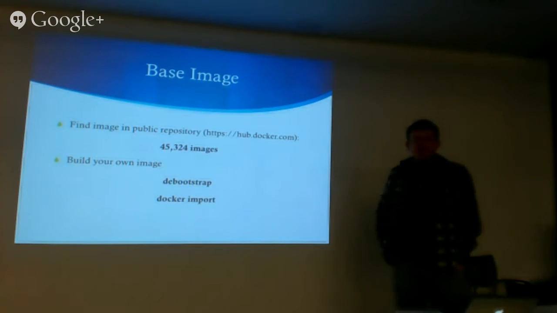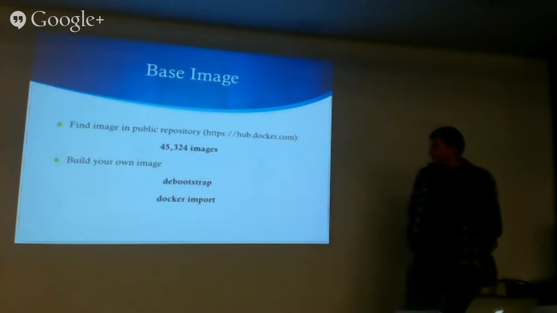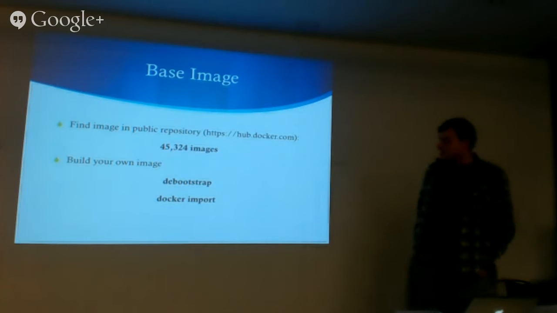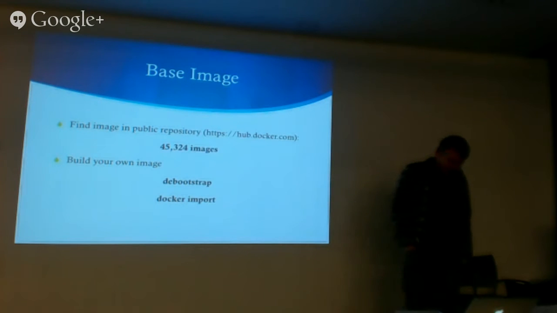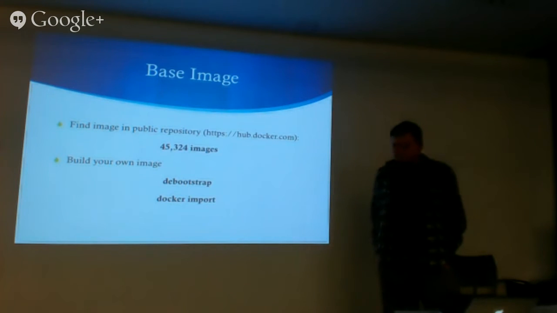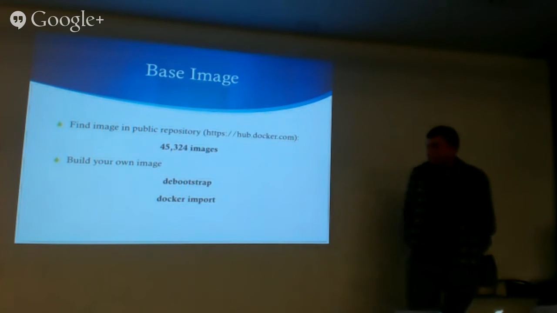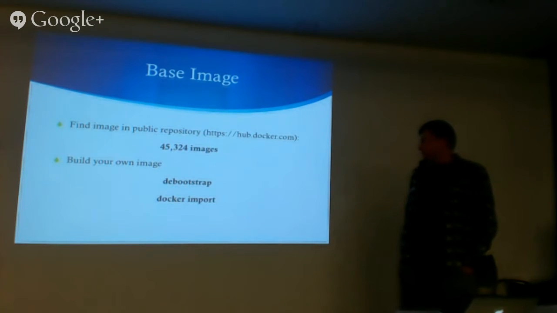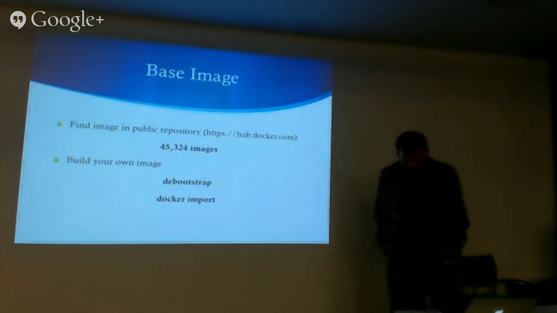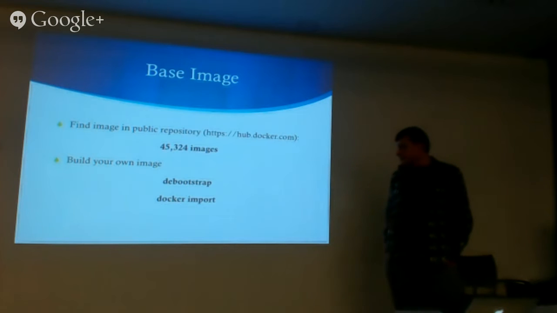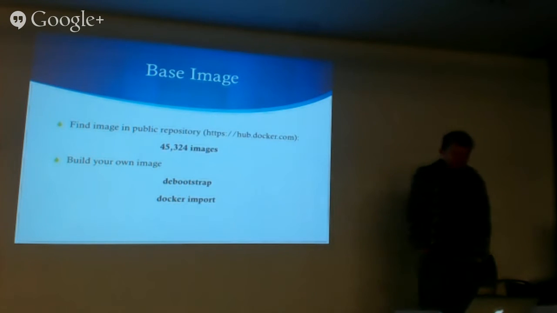We were sure we would be able to find a proper image in this repository, but I have to remind you that we are working with legacy code. And this is not so simple because our application, for compatibility reasons, needs certain versions of some system packages. We even have our own private repository for the system packages. So in the end, we decided to create our own base image.